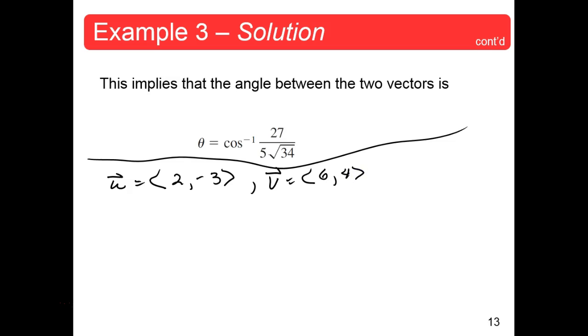What's the easiest way to determine if they're orthogonal? Plot them out on the graph and guess? No. Do the dot product. And what's the dot product of U and V? How do we do dot products?